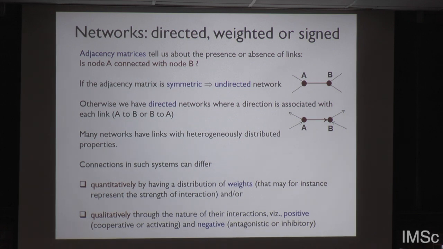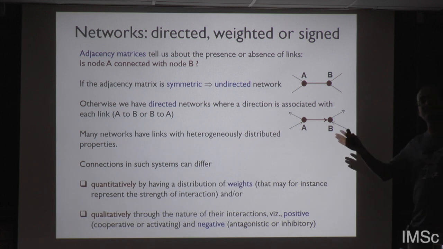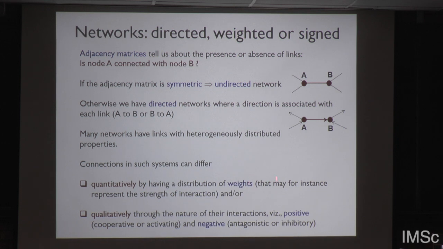So how do I represent this quantitative heterogeneity in my links? One way is to provide not just the adjacency information but also the weight information. What's the strength of interaction? Not just whether interaction exists or not, but the strength of interaction between two nodes. That would correspond to a weight matrix.